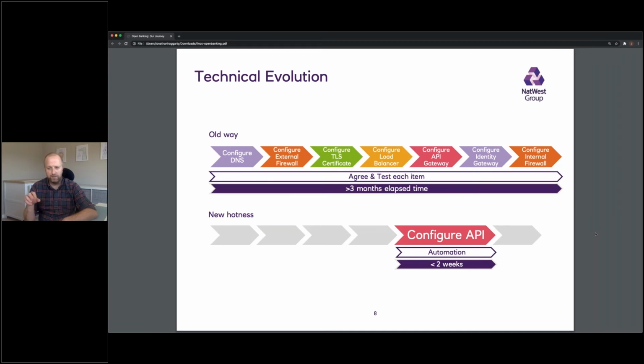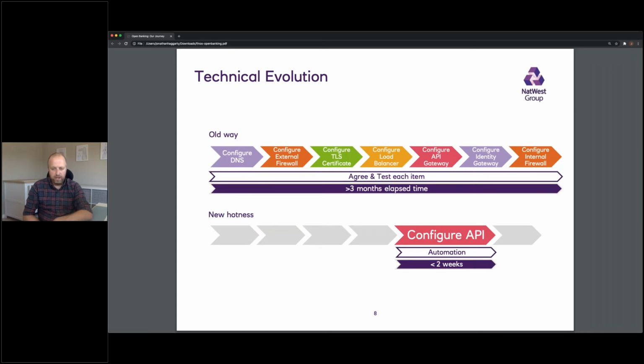You had to speak to the DNS team or the firewall team, or you had to speak to the security team to get certificates provisioned. The number of handoffs was really large, and our ability to automate that stuff was really small. So the timeline was naturally quite long.